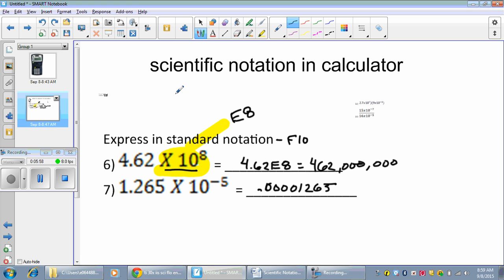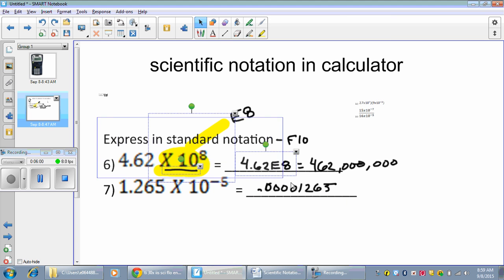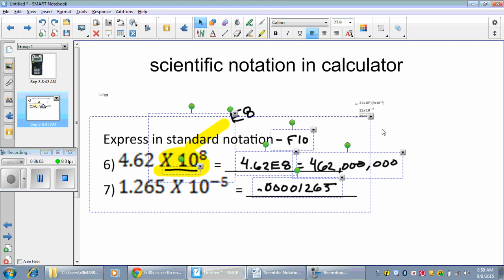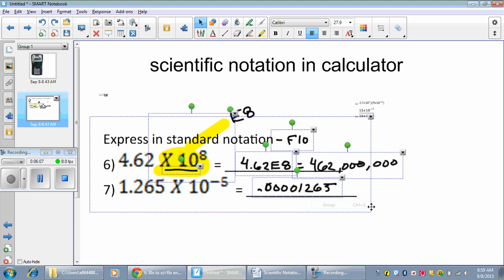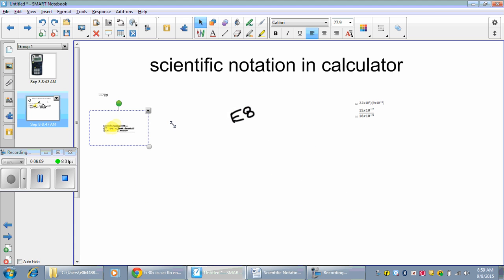That's why we don't like these too much, because they're really annoying. I'm not really going to ask you to do that too often. It's just so you know the difference between scientific and standard form.